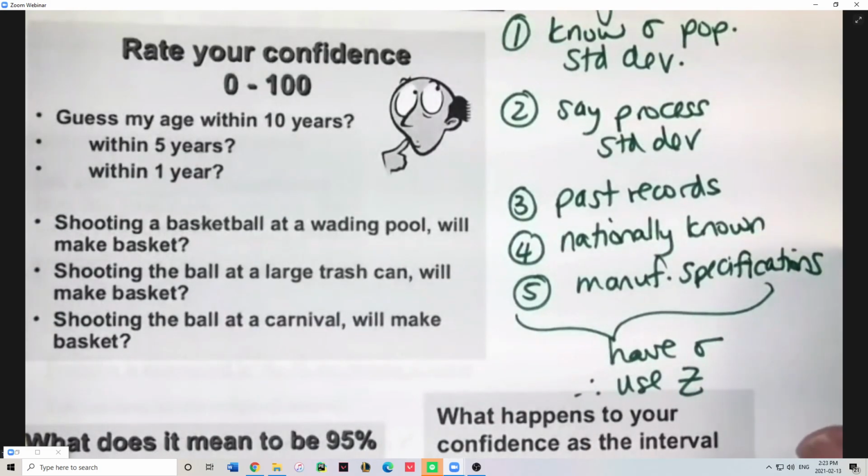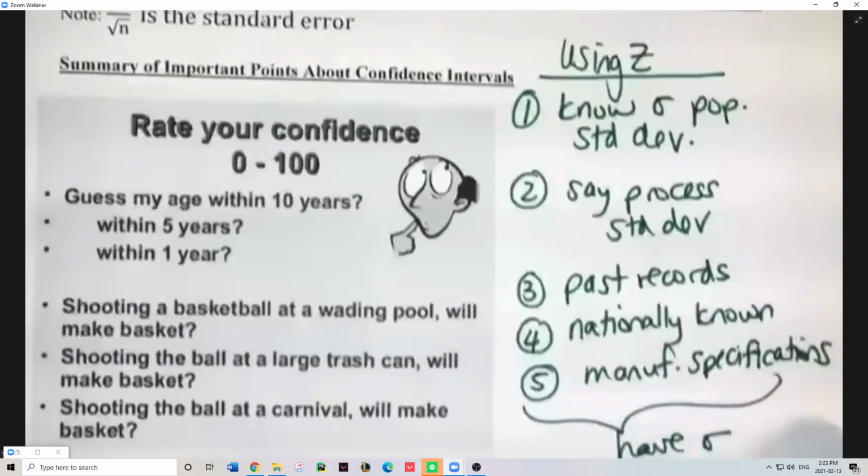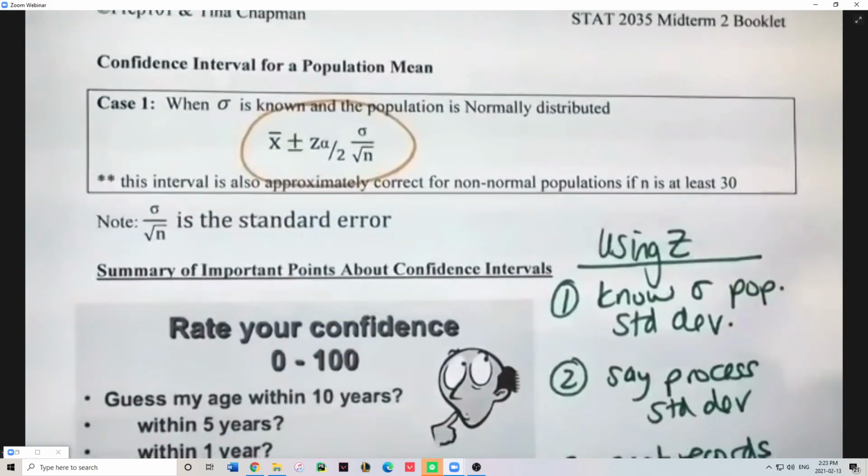The confidence interval formula is at the top of the page. I'll move this up as soon as you are done writing it. The confidence interval is x bar plus or minus critical Z times sigma over root n.